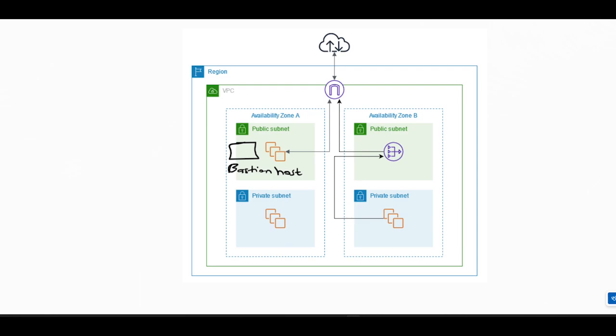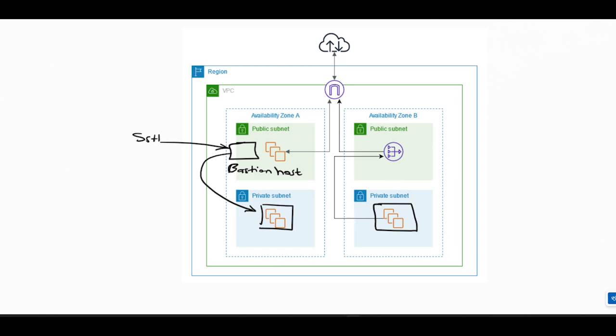Because this Bastion host has internet access, I go to have SSH connection to the Bastion host, and then through this Bastion host I will configure something on one of my instances in a private subnet, maybe here.